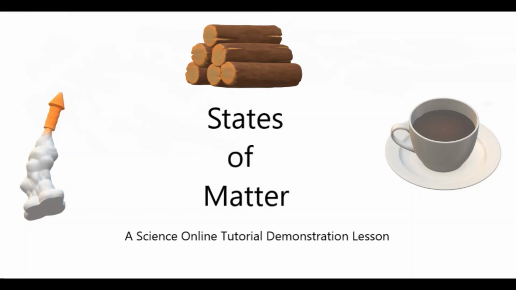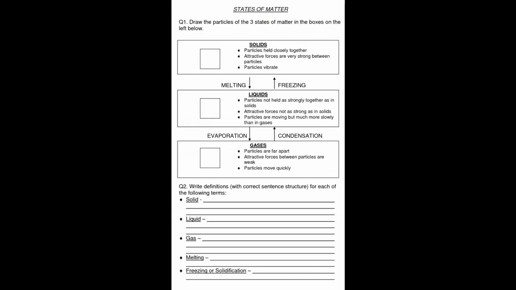But before we do that, I want to show you what the bonus activity will look like here. So if you are already familiar with the states of matter and you want to work ahead, you can. So here's the worksheet, or the activity, the bonus activity, I should say. And as you can see, it's got the three different states of matter that I'm going to go over and the activities that you're going to be asked to do on it.